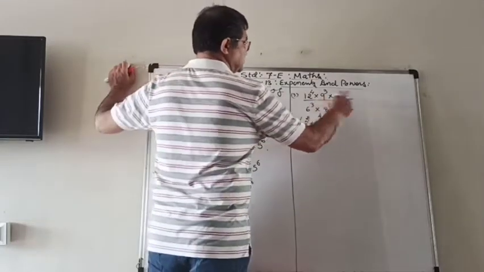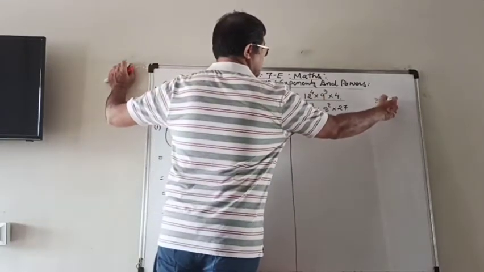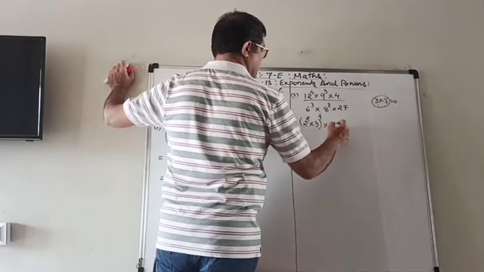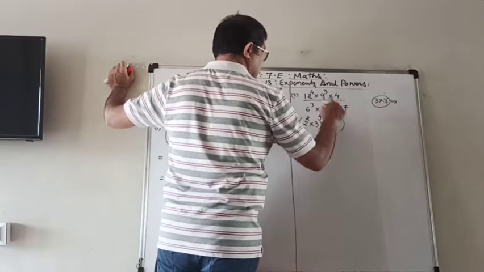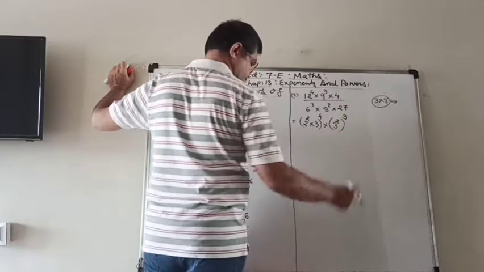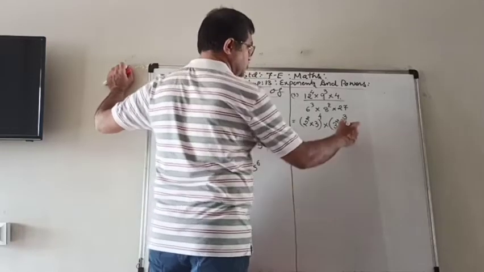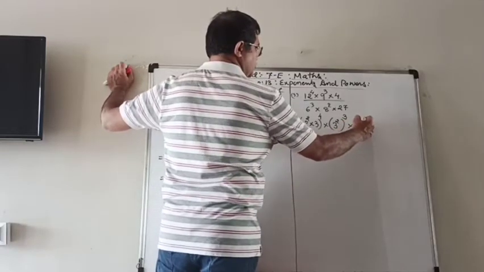You know that 9 is 3 square, 3 into 3 is 9. So in place of 9, I can write 3 square, and then again there is power 3. 4 is also 2 square.